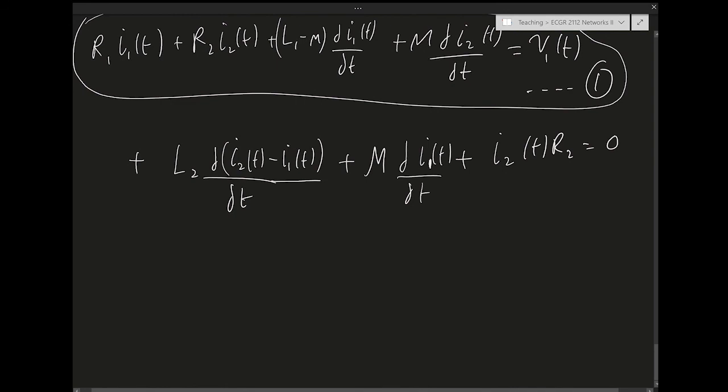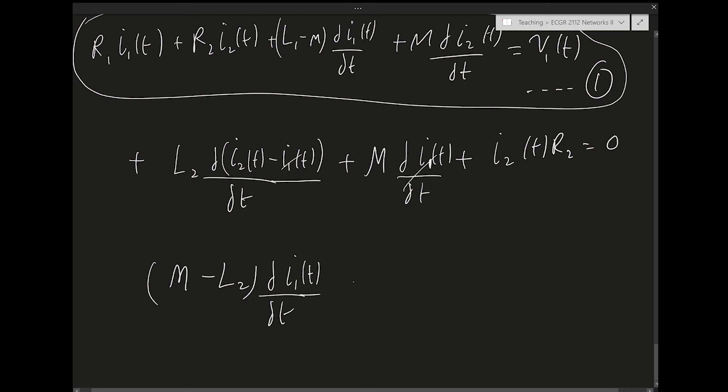The second mesh equation is just going to simply be, well, let me take I1 by itself. So I have di1 by dt and minus di1 by dt. So it's going to be (m minus L2) di1 by dt. Right, so I took care of this term and this term.